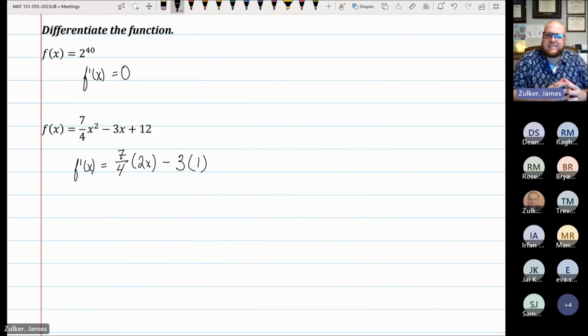Again, it's a power rule. It's x to the first power. And then plus the derivative of 12, which is just 0. Our derivative is 7/2 x minus 3.